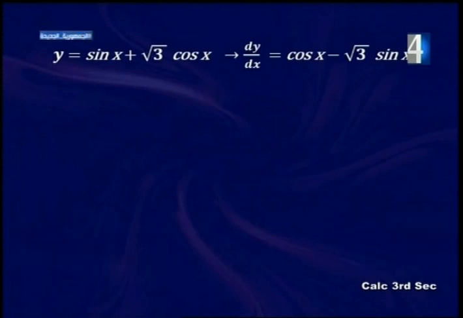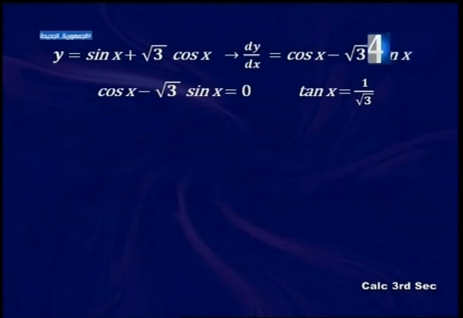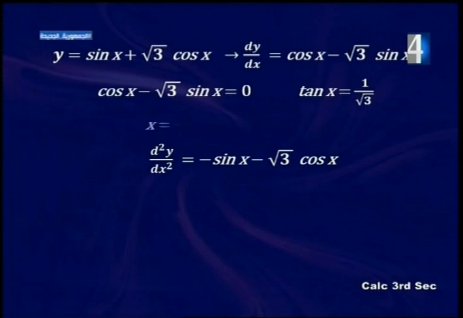Now dy/dx equals 0, or cosine x minus root 3 sine x equals 0, then tan x equals 1 over root 3. When tan x equal 1 over root 3, then x equals pi over 6 or 7 pi over 6.